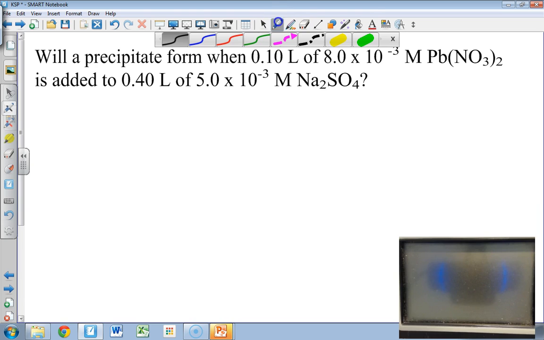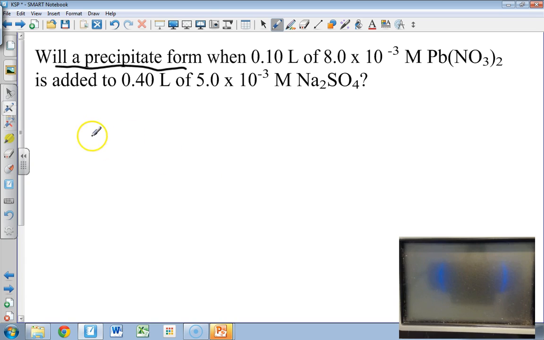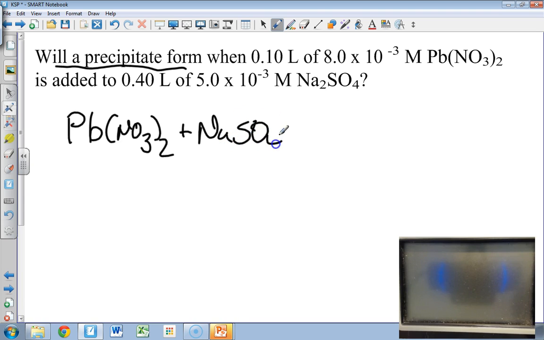So this is the last type of equilibrium problem we're going to get into, where we're going to try to predict whether a precipitate is going to form. So when we mix Pb(NO3)2, lead nitrate, with sodium sulfate, Na2SO4, both of these are soluble, and when we mix this in the lab, we would actually see a reaction where we form an actual solid.